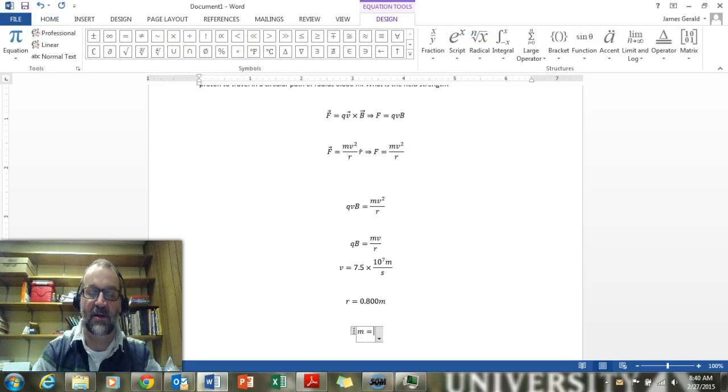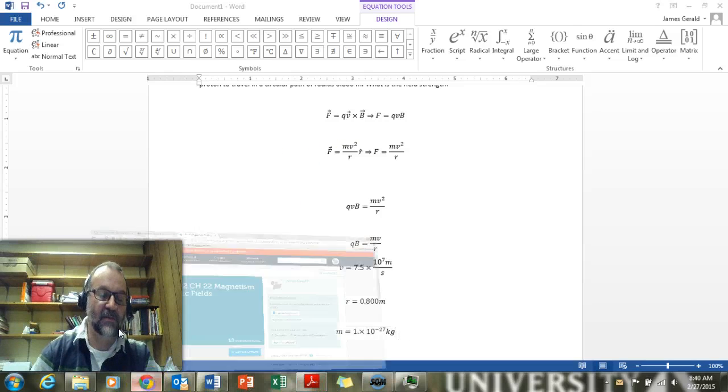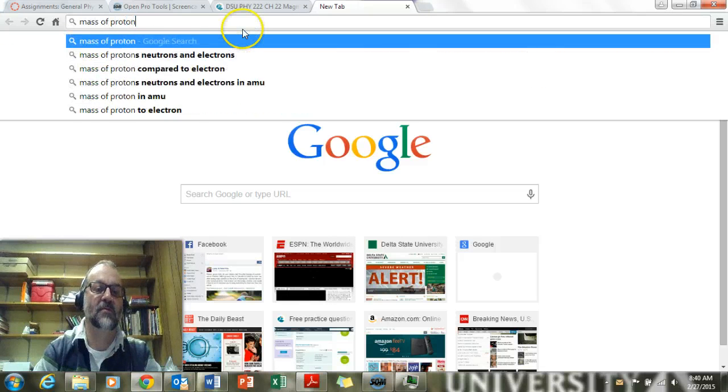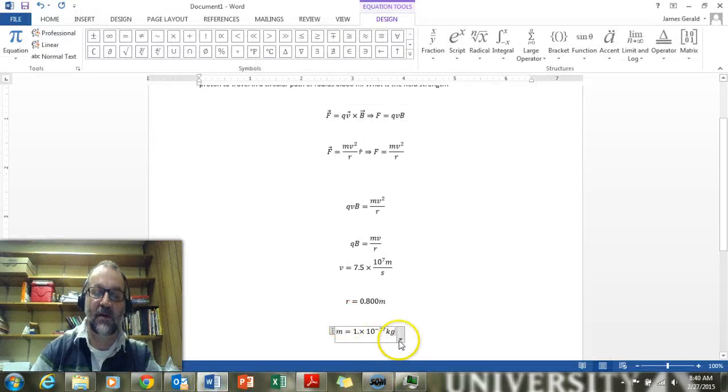Mass of the proton is something like 1.6 times 10 to the minus 27th kilograms. I need to check that real quick. Okay, I was right with the 1.6. So 1.67 times 10 to the minus 27 kilograms.